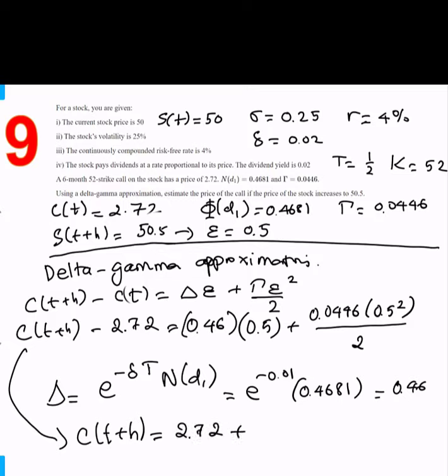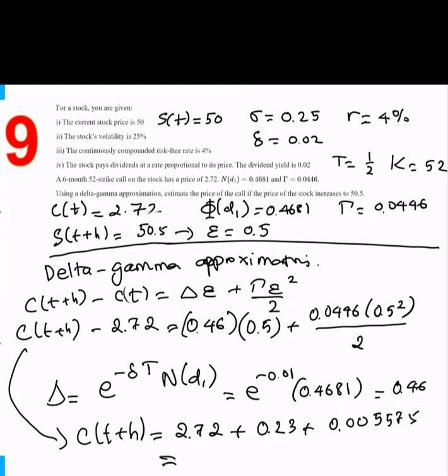From this equation, it should be 2.72 plus 0.46 times 0.5, which is 0.23, plus 0.0446 times 0.5 squared over 2, which is 0.005575.